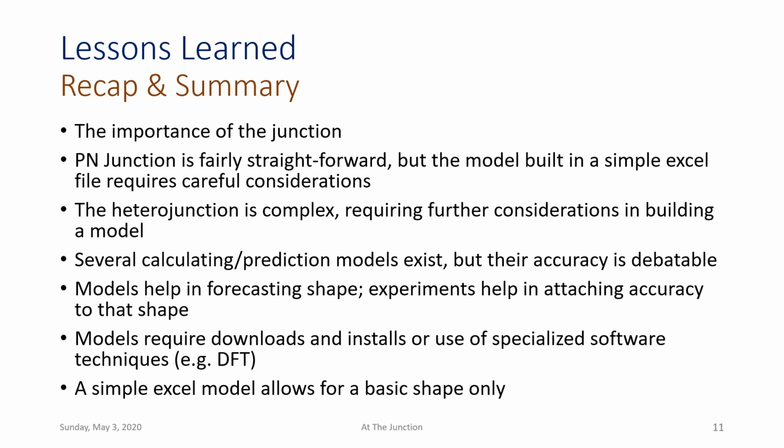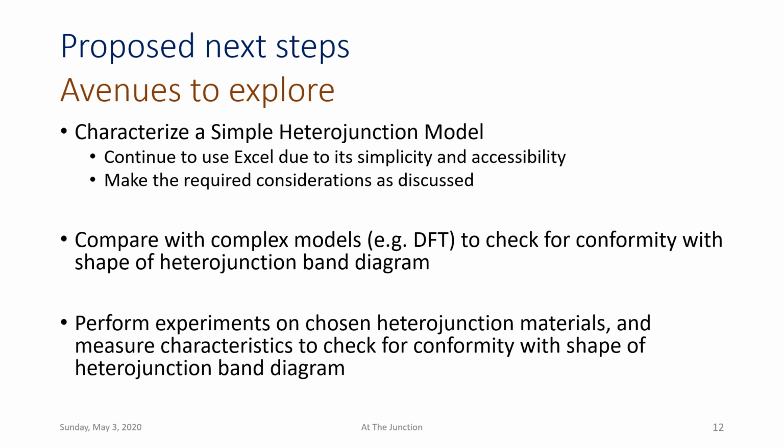However, the simple Excel model is easy to use, but it allows for a basic shape of the band diagram only. So the next steps would include characterizing the simple heterojunction model using Excel, simply because of its simplicity and accessibility, and to make the required considerations as was discussed in this presentation.